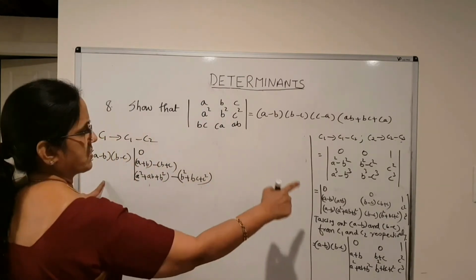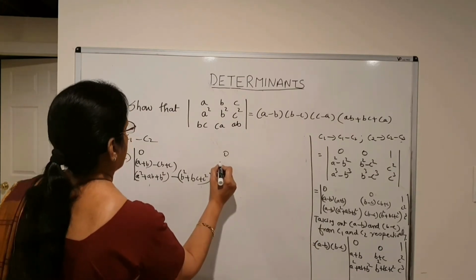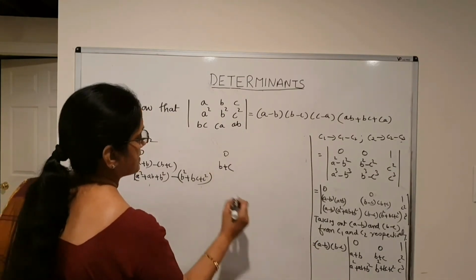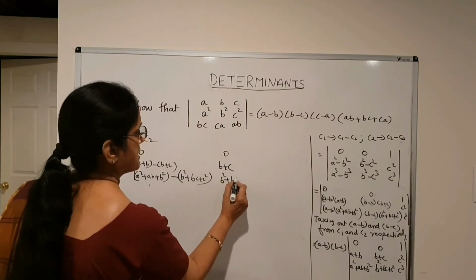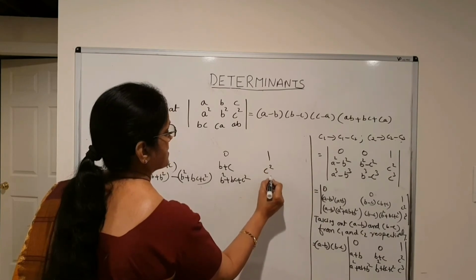Now, second column will be 0, B plus C, B square plus BC plus C square. Third column will be 1, C square, C cube.